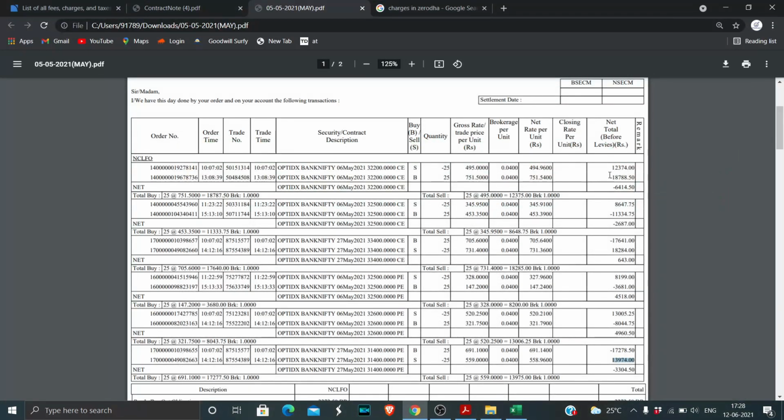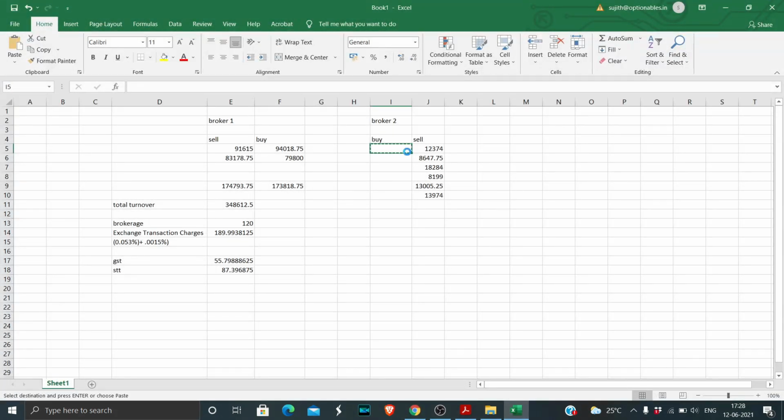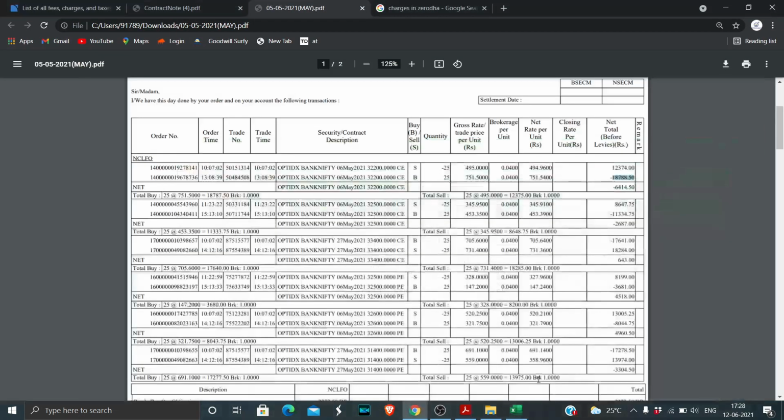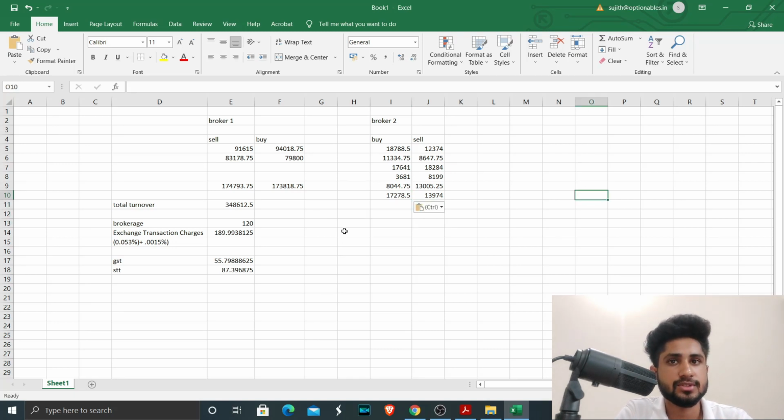I'll take all the buys so that it will be easy for us to calculate the total figure, total turnover basically. Everything is calculated based on the total turnover. Now we'll summate it so that it will be easy. So let me do the auto sum here.